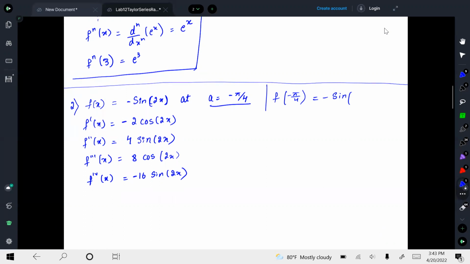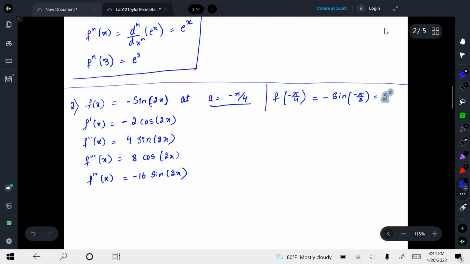Sine of negative, so this will give us 2 to the power of 0.